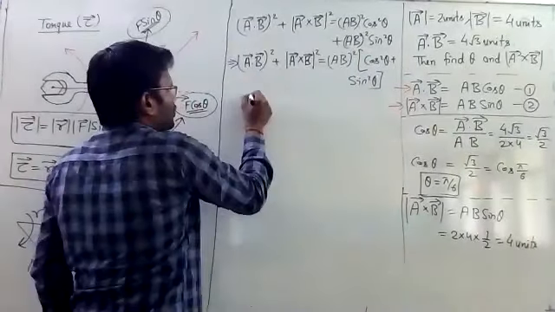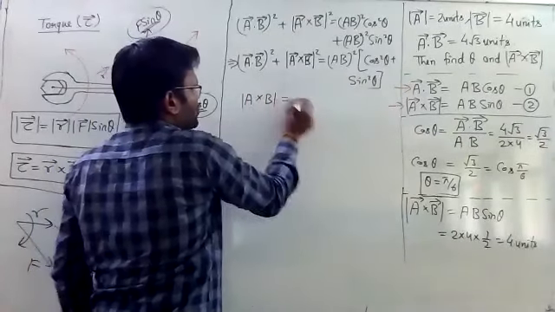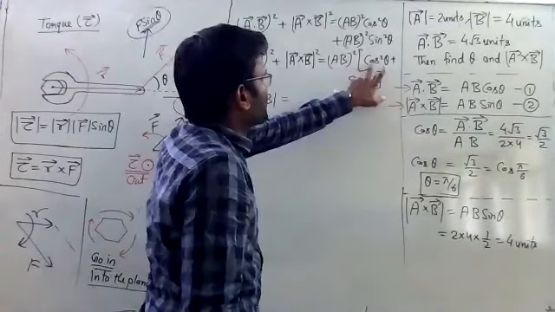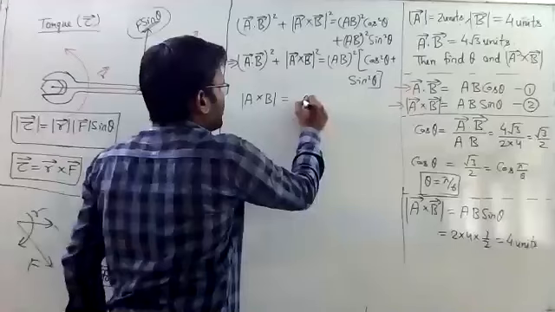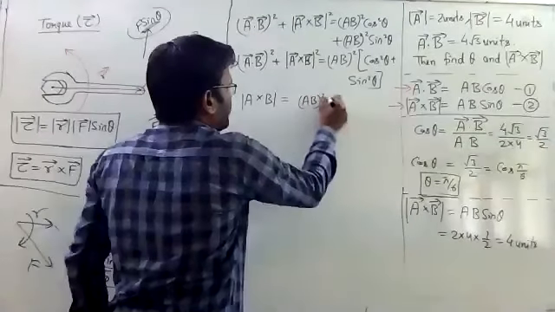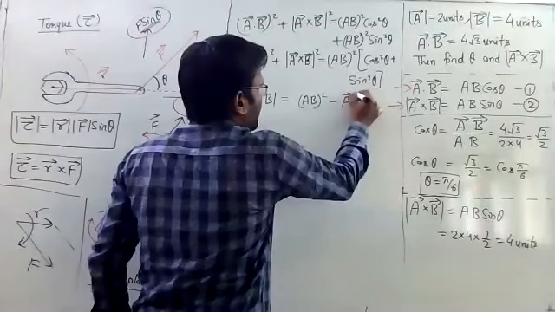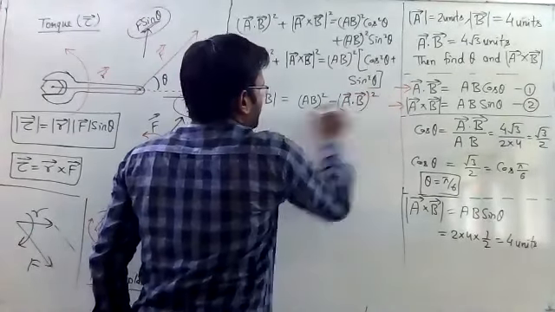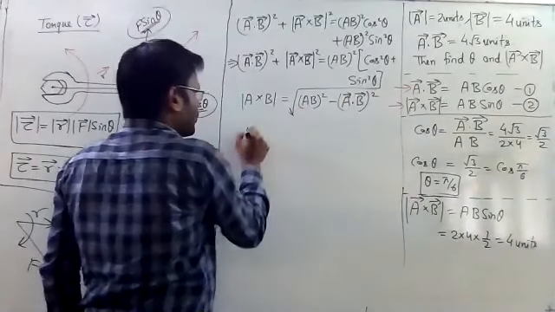So simply, A cross B magnitude is equal to how much? By looking at this you can say, this will get 1, and AB square minus (A dot B) square. So A cross B is the root of AB square minus (A dot B) whole square. Same thing you can do for A dot B also.